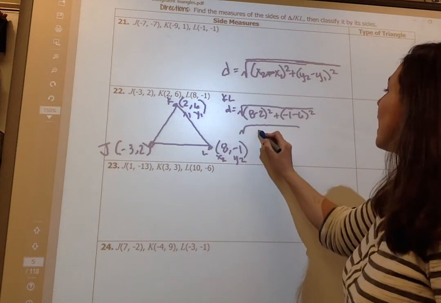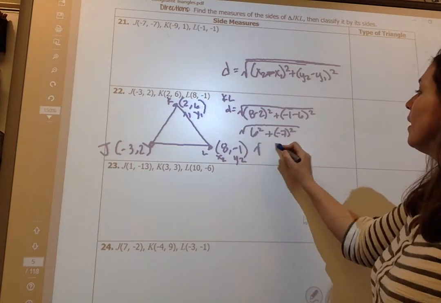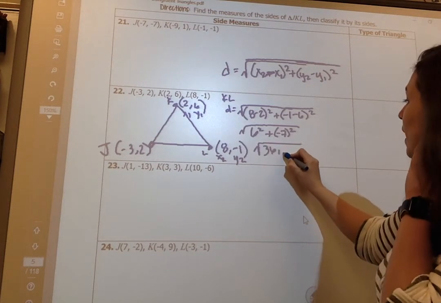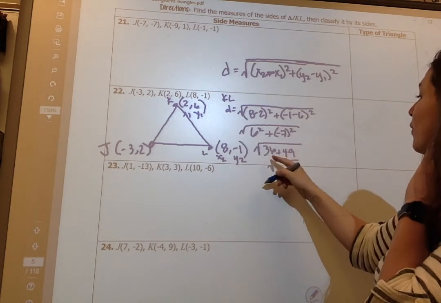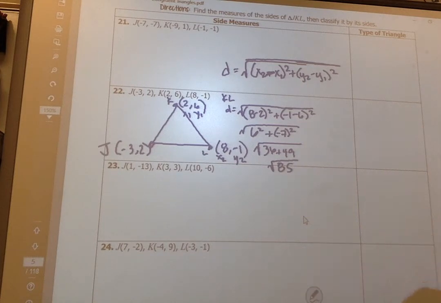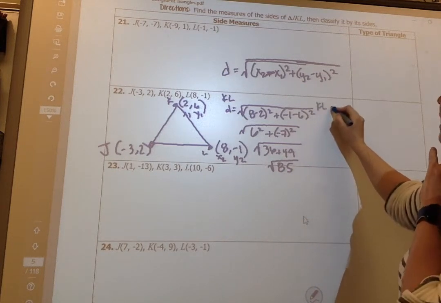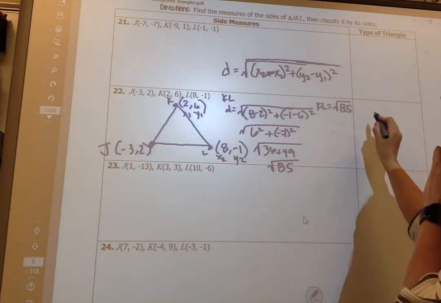So when I complete that, I get 6 squared plus -7 squared. And I get 36 plus 49. And 36 plus 49 is 85. Square root of 85. So I'm going to say KL is the square root of 85.